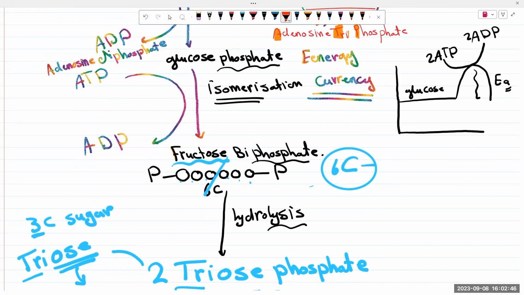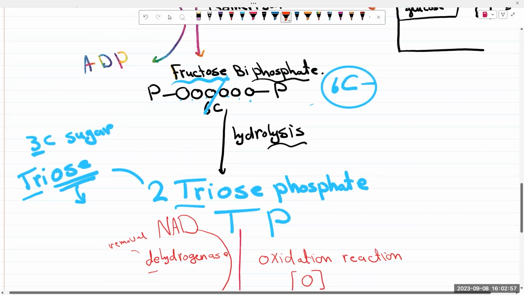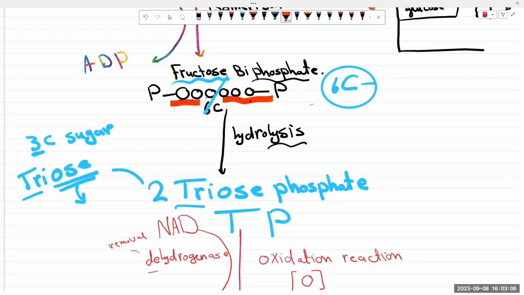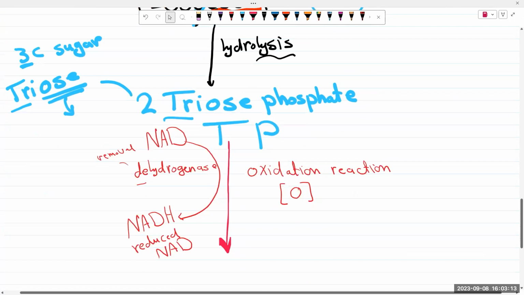Once this fructose biphosphate is formed, it will be broken down into 2 smaller sugar molecules called triose. It was hexose, now it has changed to triose. Each sugar has 3 carbons only. It's broken from the middle, you can say. This one is a triose, and this is the other triose. Now this triose can be oxidized by the cells in the cytoplasm.